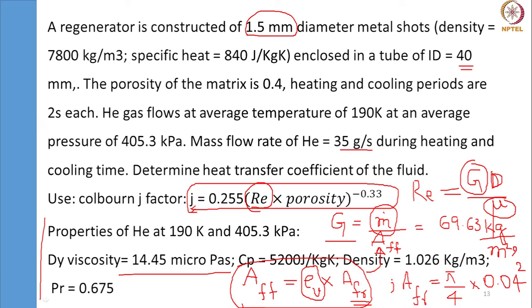Okay, so after finding the value of G, we are going to plug it into the Reynolds number as GD by mu. We know G is 69.63 kg per meter squared second. D is also known, that is 1.5 mm, and dynamic viscosity is 14.45 micropascal second.